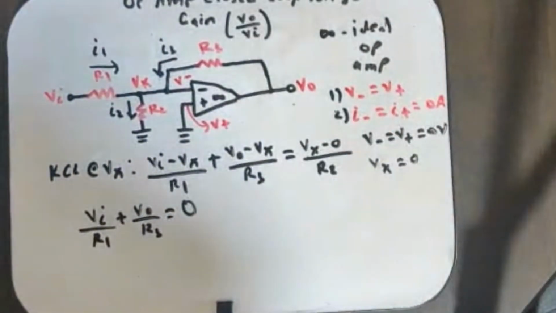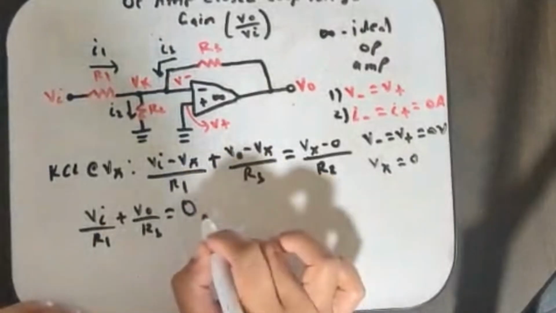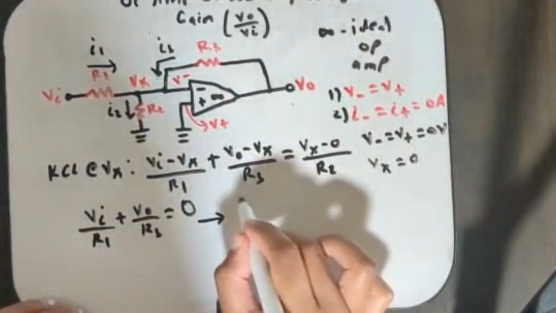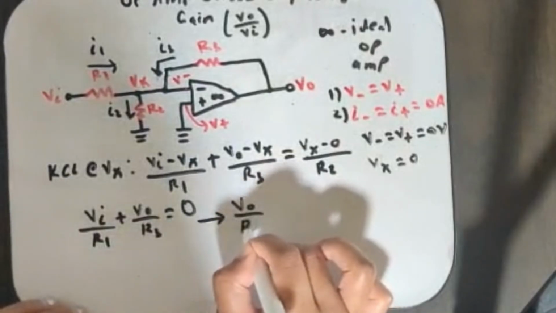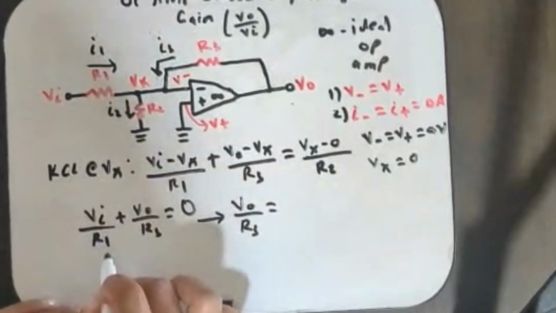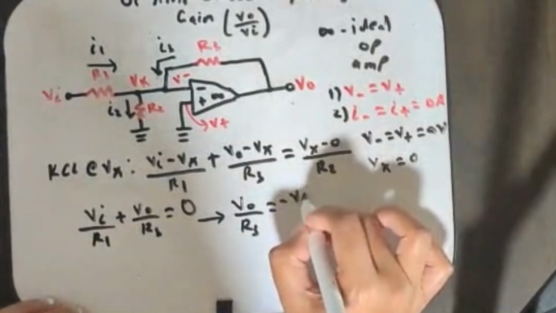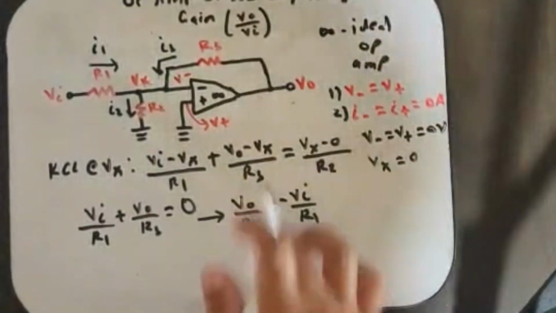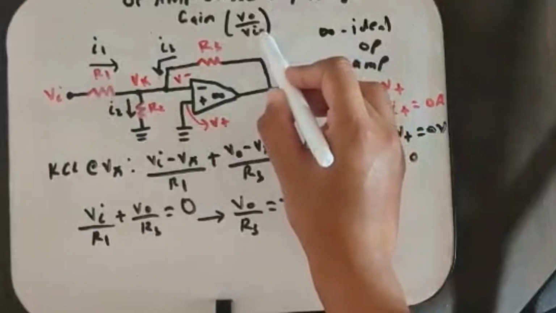Now this just becomes a matter of solving. From this equation, let's keep VO over R3 on one side and take VI over R1 to the other side, which gives minus VI over R1. Now we want VO over VI, because the gain is VO over VI.